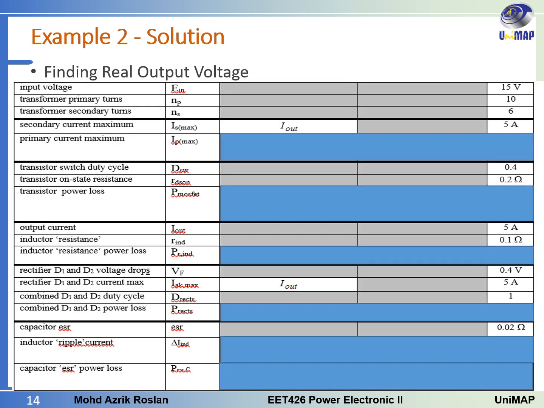Now we can use the table to find the real output voltage. On this side we have the 15 volt, the primary and secondary turn ratio, and the secondary current maximum, which is equal to the output current. For the primary current maximum, IP max, is equal to I out multiplied by NS over NP, and then we get 3 ampere.